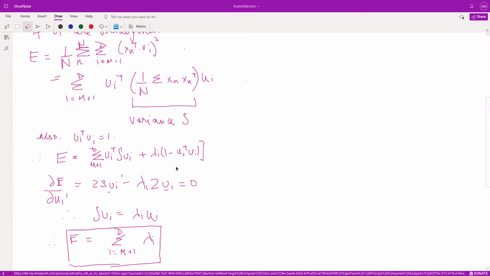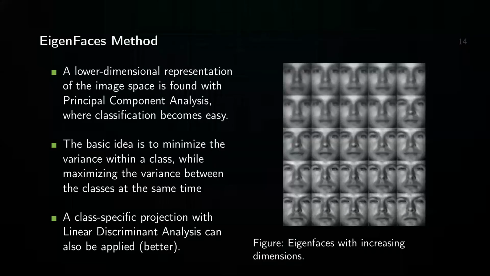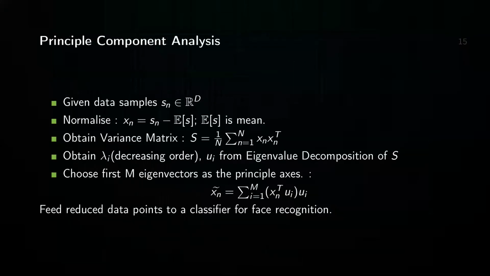So we add a Lagrange multiplier over this minimization problem and take a derivative with respect to these basis vectors and find that this problem is actually equivalent to an eigenvalue decomposition of S. So the mean squared error eventually becomes the summation of the eigenvalues that we disregard in our dimensionality reduction. So this is what the resultant algorithm for principal component analysis becomes.